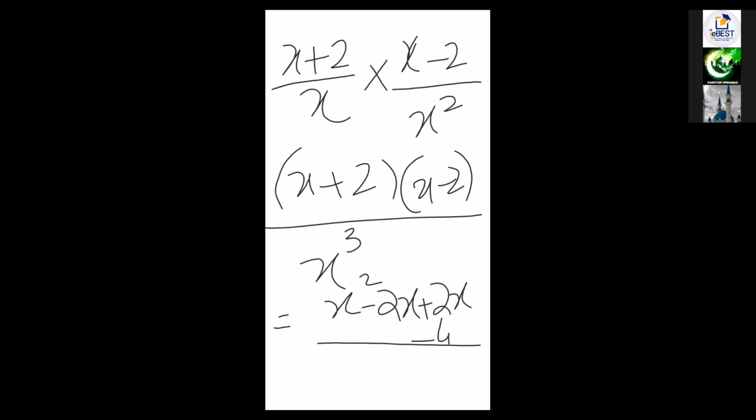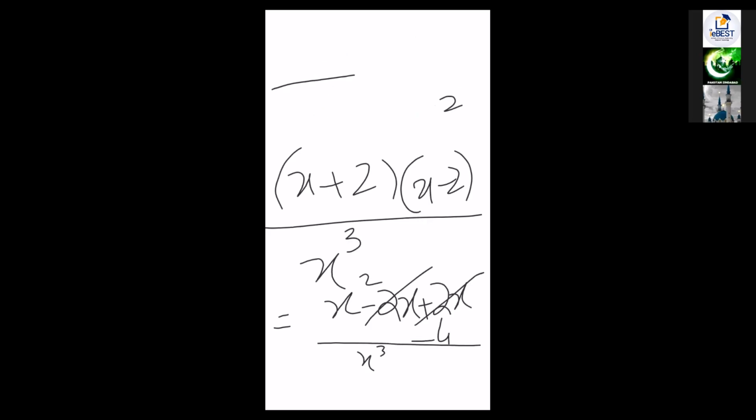Now, x cubed. So x, 2x, and 2x, they do get cancelled. So we are left with the term, which would be... did you understand this step, Aisha? Yes. Okay, so now, x squared minus 4 divided by x cubed.